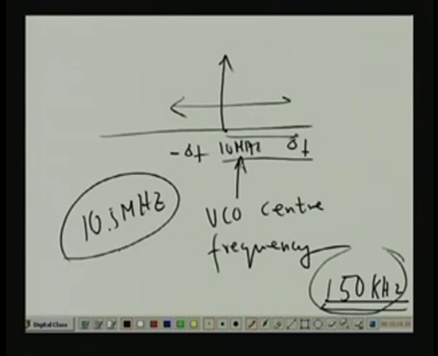So, this frequency change is to be calibrated in terms of the torque, and with a high pass filter I can chop off the 150 kilohertz signal. So, I will get the signal around 10.5 megahertz, fine, no problem. I will calibrate my meter according to the torque, right.